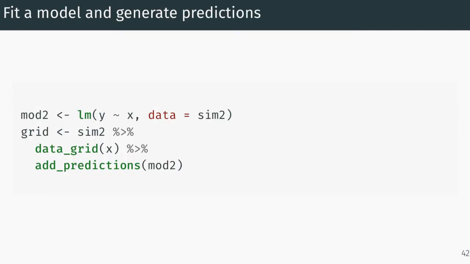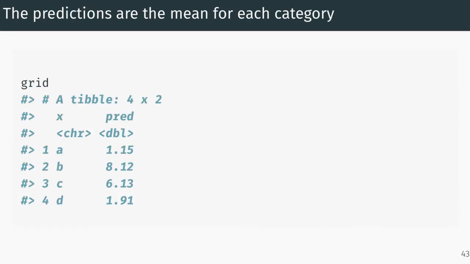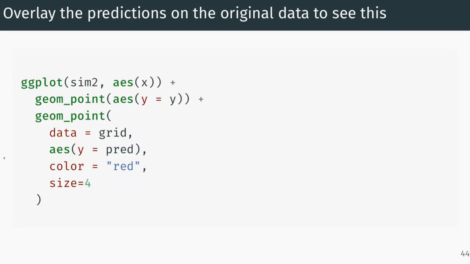We can fit a model and generate predictions here. So we're going to fit the model y is predicted by x here, and we get basically one prediction for each value of x. This prediction is the mean for each category, and we can visualize that by plotting the points.